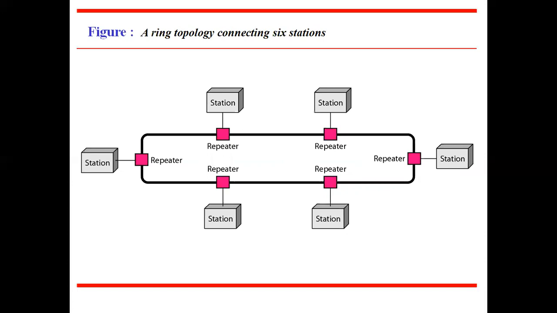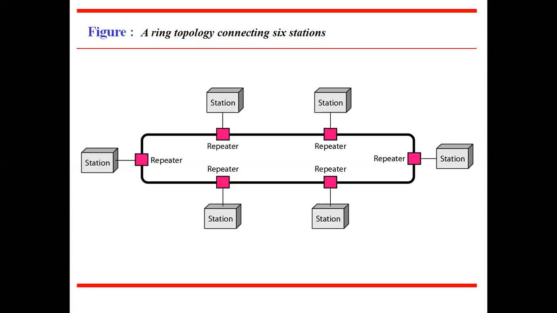The advantages of this are: one, installation and reconnection is easy in a ring topology. Each device is linked only to its immediate neighbors. Second, to add or delete a device, it requires changing only two connections. Third, fault finding is also easy.